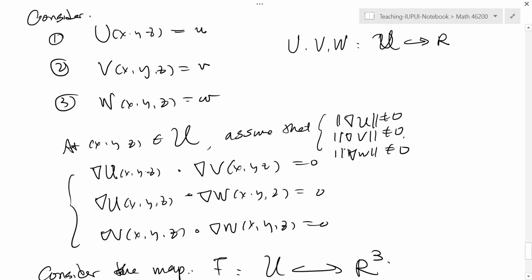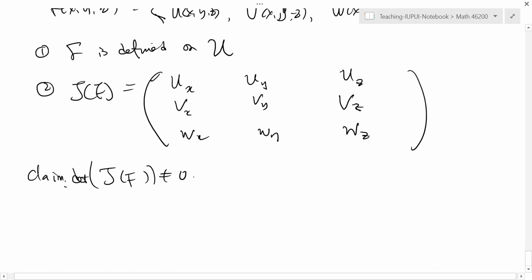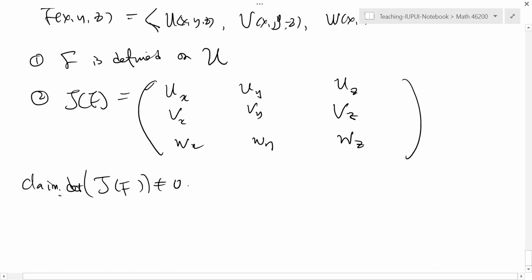U equals little u, it's a smooth surface. Now, how do we see this? It's as a determinant that is not going to be zero.